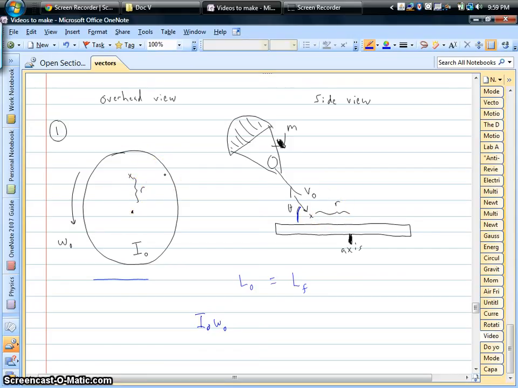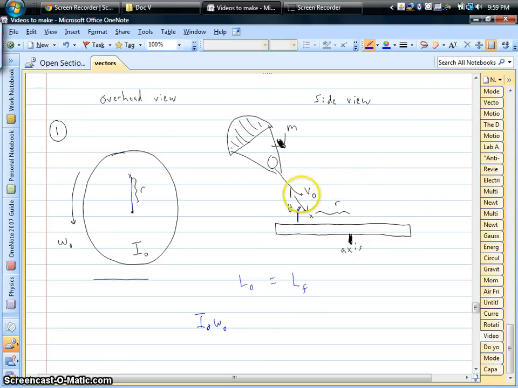It's not falling and landing straight onto the disk. So what we're saying then is that there's some distance away from the axis of rotation. We're calling that r.